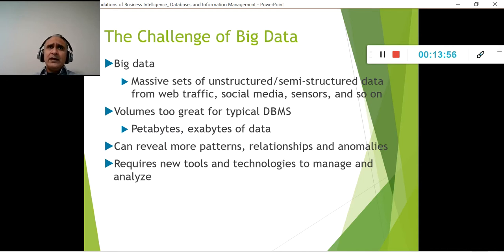But anyways, we have great volumes of data. And one of the biggest problems of big data is that business managers think they can analyze it and get very good insights. But the reality of big data is that we're looking for a needle in a haystack. Yes, there's a needle, and if we find it, it's fantastic.